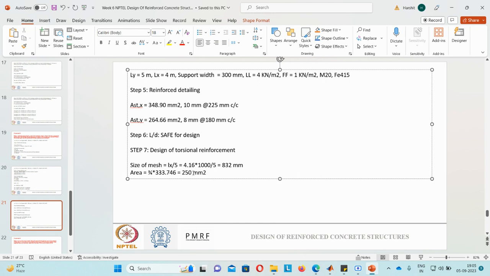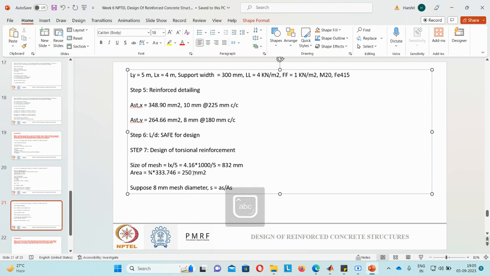So you know the area. Suppose I am providing 8 mm diameter mesh bars, then I can calculate the spacing also. Spacing S will be given by area of one steel upon total, into 1000. From this I will get the spacing. Suppose the spacing comes out to be roughly 200 mm.